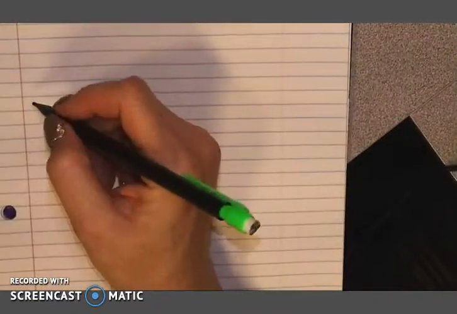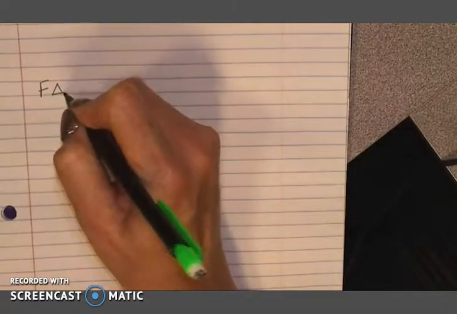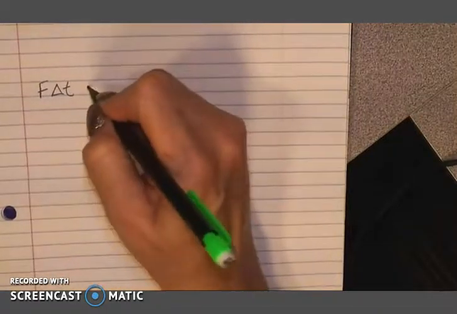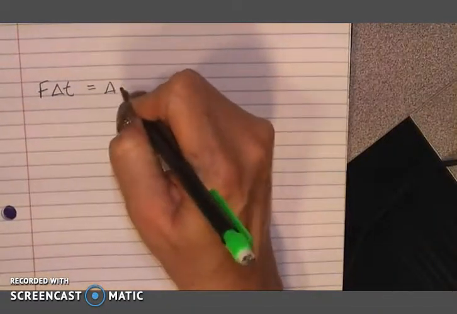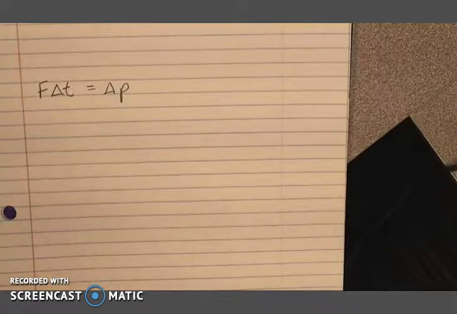So the impulse momentum theorem says that the force multiplied by the change in time, delta t, is equal to the change in momentum. Remember that momentum is mass times velocity, and the mass isn't going to change. It's not like the egg is going to suddenly lose or gain mass, but its velocity is going to change.